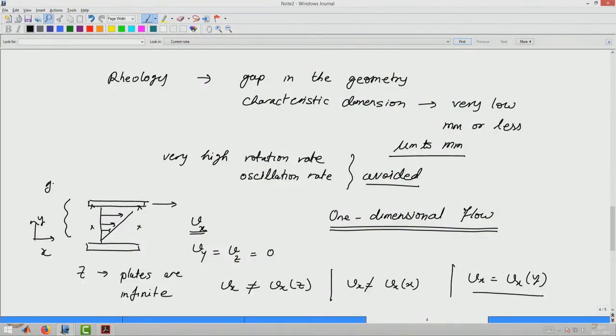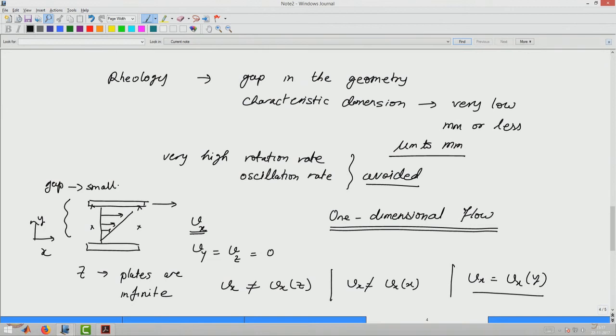And now we can make some additional statements regarding the type of flow we are imposing. If the gap between the plates is very small, we also have to ensure the Reynolds number is small.